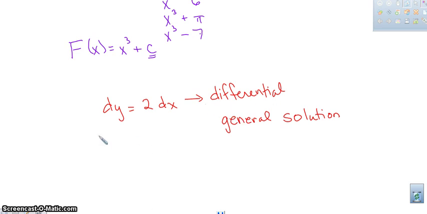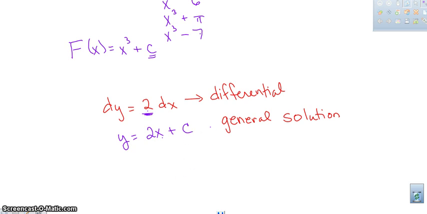To find the general solution, I have to find the antiderivative. Well, you guys have done a lot of derivatives. The antiderivative of the number 2 is 2x, plus some constant. It could be any constant, so I say c. So what I wrote here in blue is the general solution to this differential equation, 2x plus c. Because if you take the derivative of 2x, you get 2.